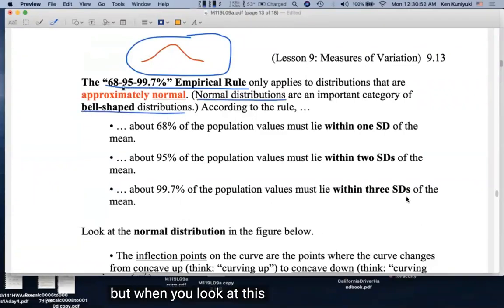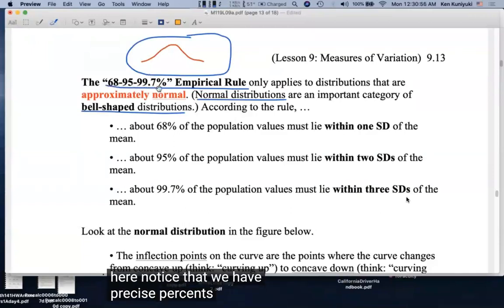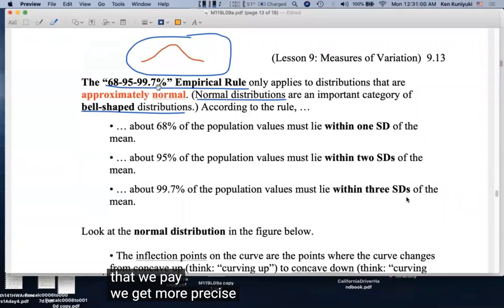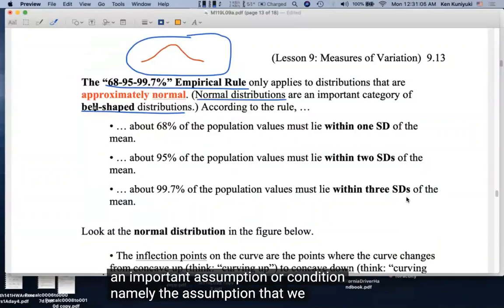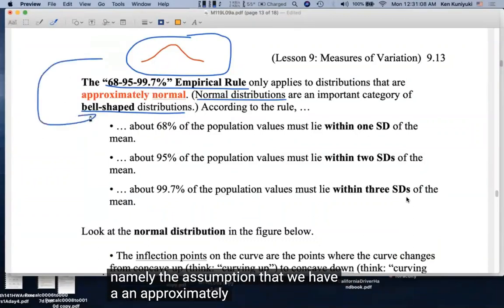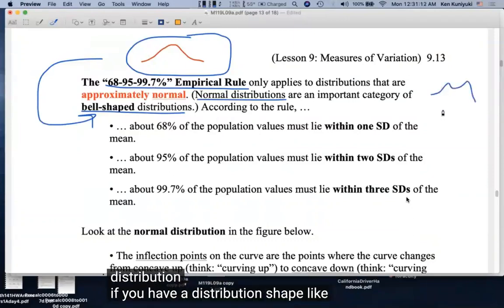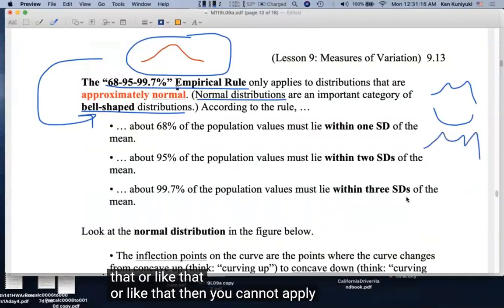But when you look at this empirical rule here, notice that we have precise percents, but there's a price that we pay. We get more precise results, but we need an important assumption or condition, namely the assumption that we have an approximately bell-shaped distribution. If you have a distribution shape like that, or like that, or like that, then you cannot apply this rule.